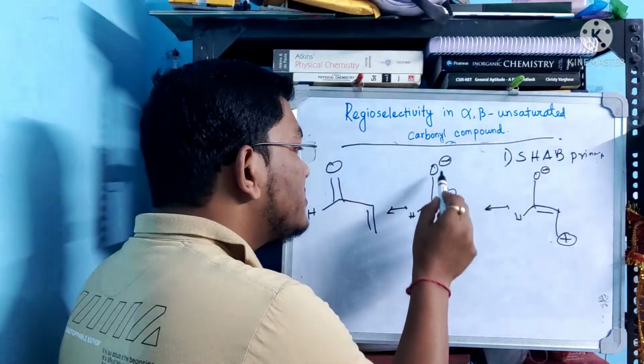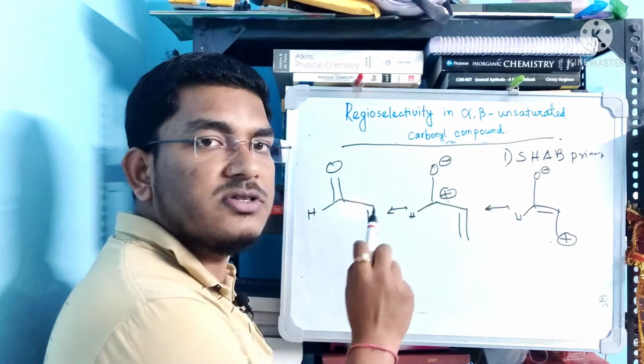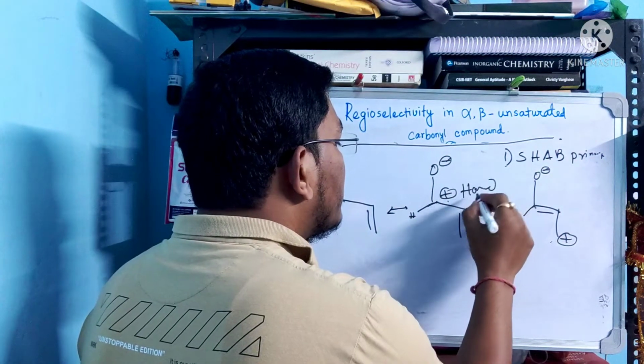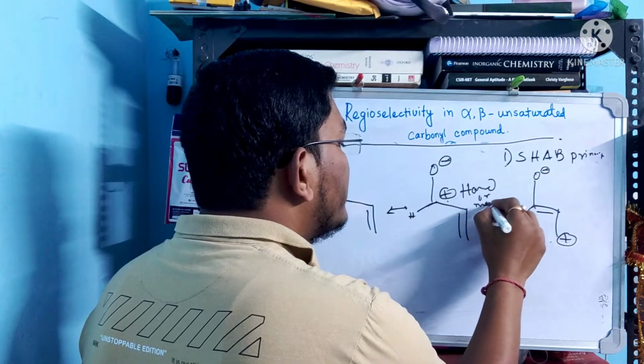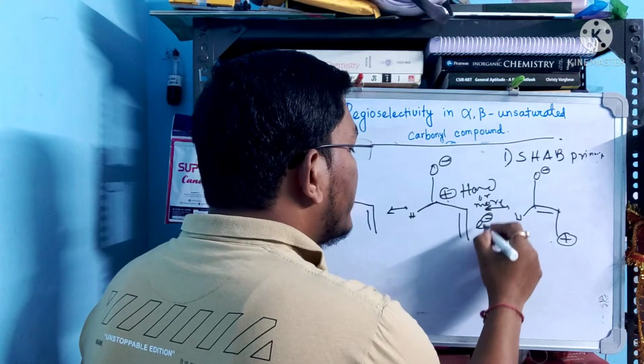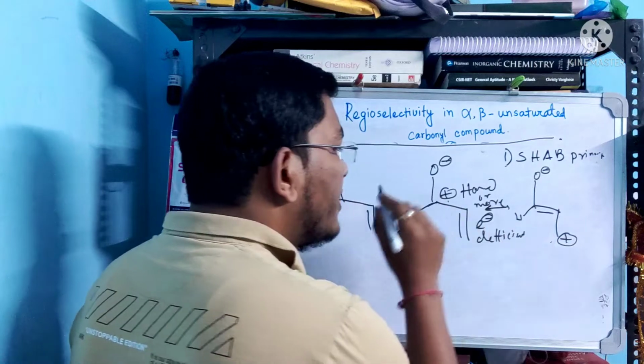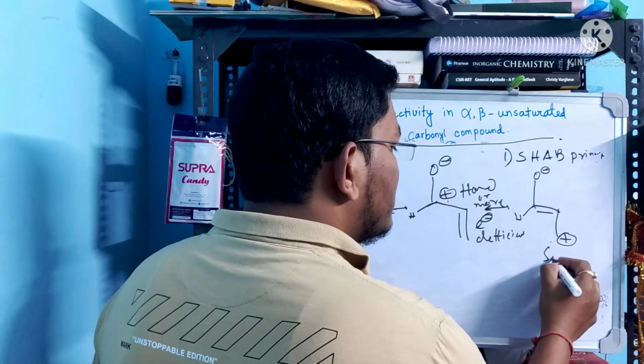This electrophilic center is directly attached to the highly electronegative oxygen moiety. That means it's harder, or a more electron deficient center, or more electrophilic in nature, and this is comparatively softer.